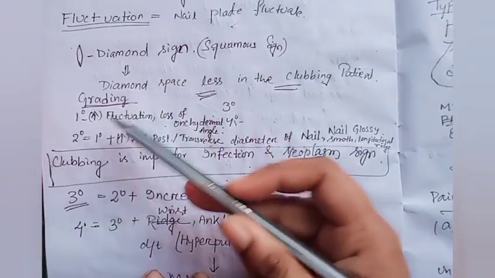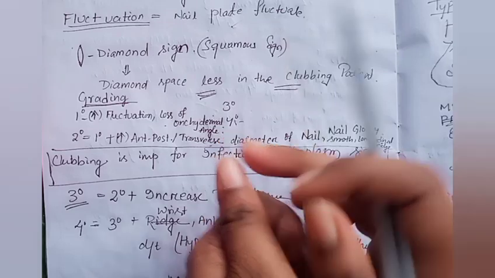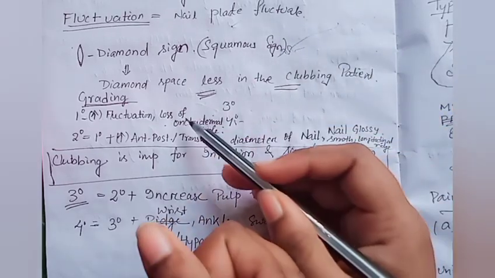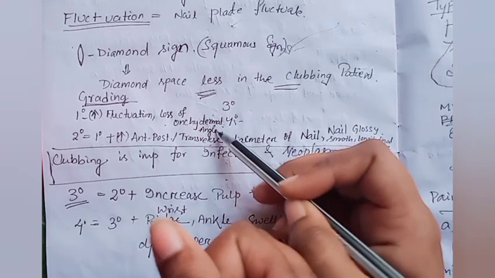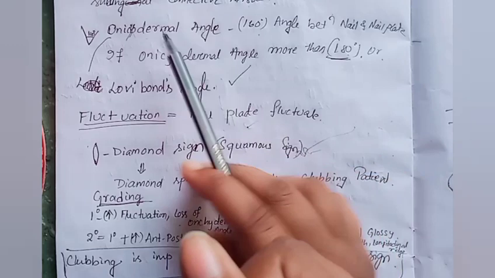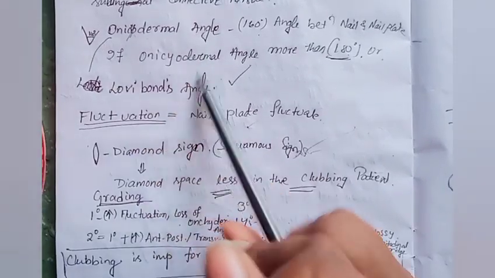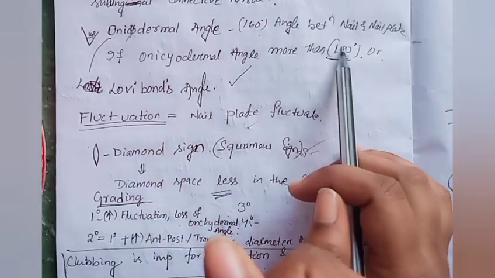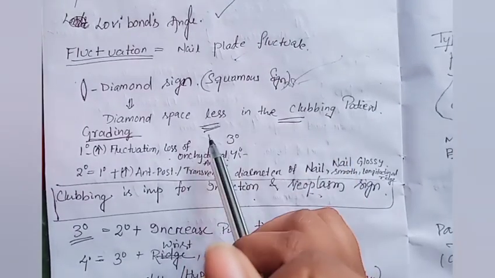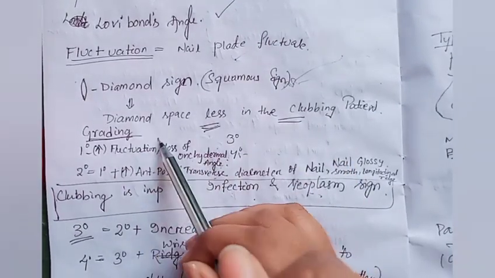Grading. In the primary grade, there is increased fluctuation when you press, because of loss of the onychodermal angle. What is the angle? The angle between the nail bed and the nail is 160 degrees. In clubbing it becomes more than 180 degrees, and if the angle is less, fluctuation increases.